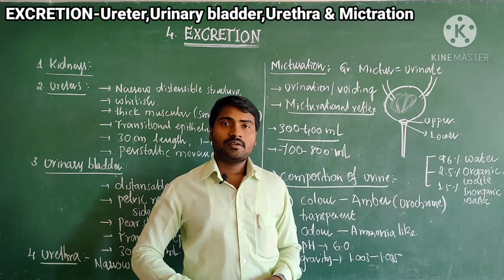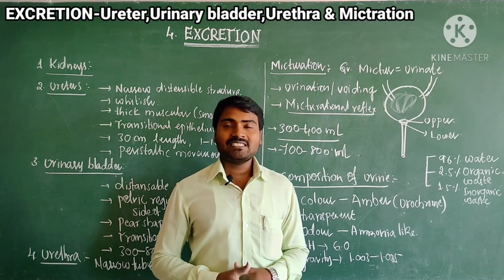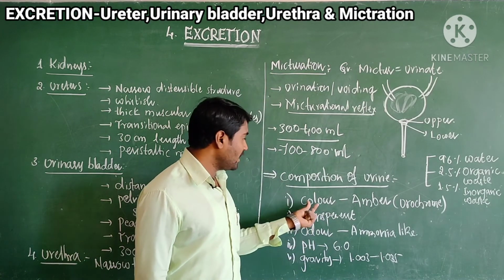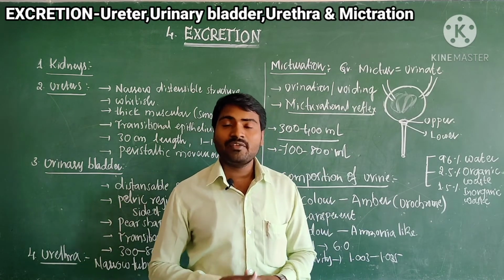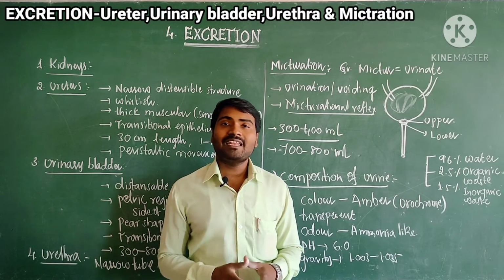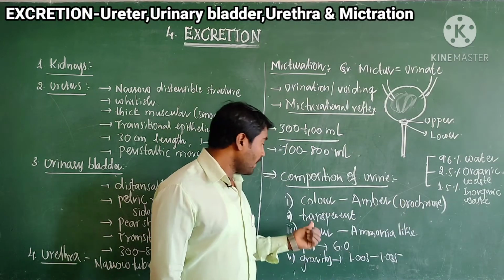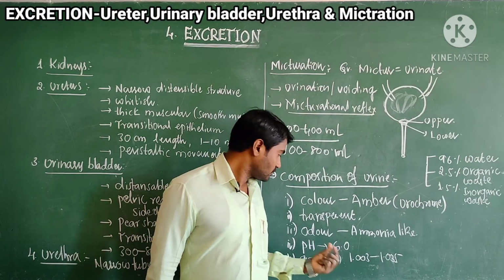Composition of urine. Let us see what the properties of urine are. Urine has a color that is called amber, a pale yellow color, we know that. The color of the urine is due to a pigment which comes from the liver, called urochrome, and it is a transparent fluid.